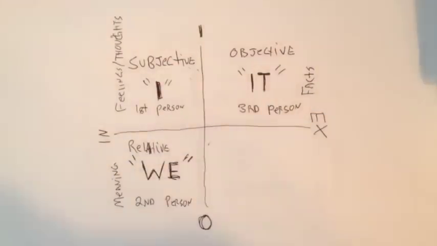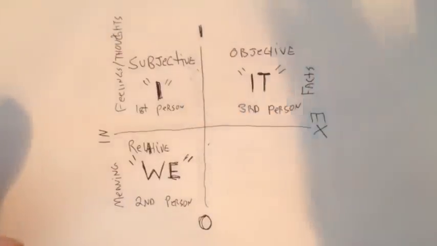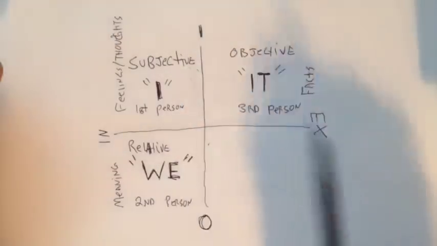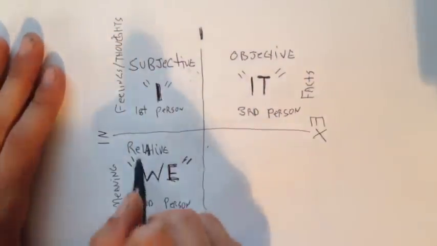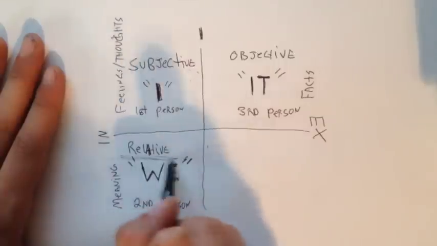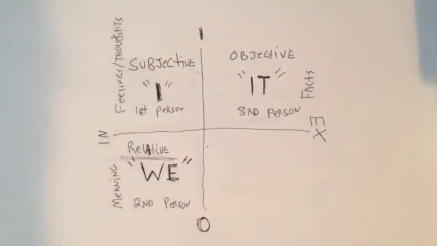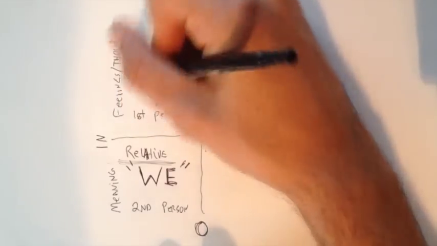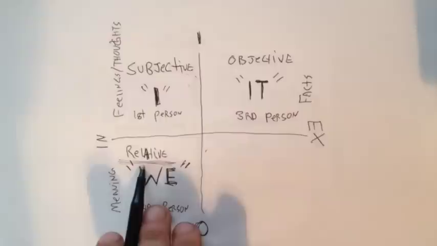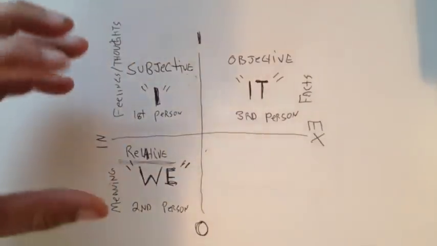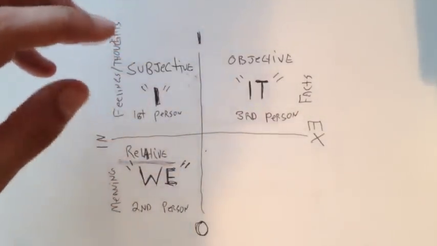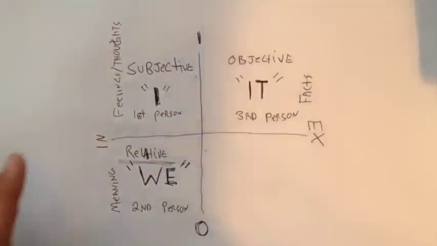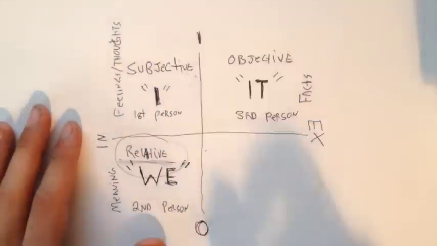But the other problem with this is we express truth in all of these quadrants in relative terms, right? Because even when we're saying, my stomach hurts or whatever, those are words in English. The feeling or the thought, when it's expressed, is expressed through this relative filter of meaning.